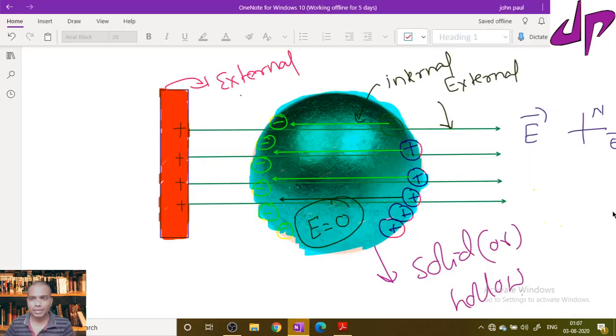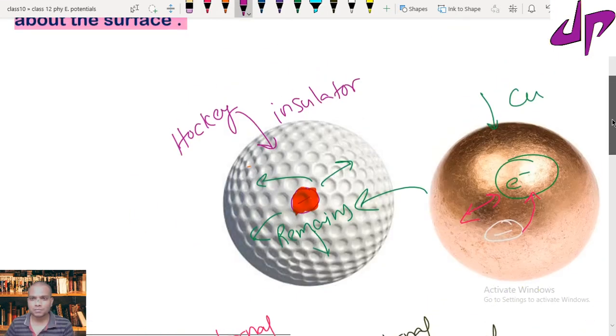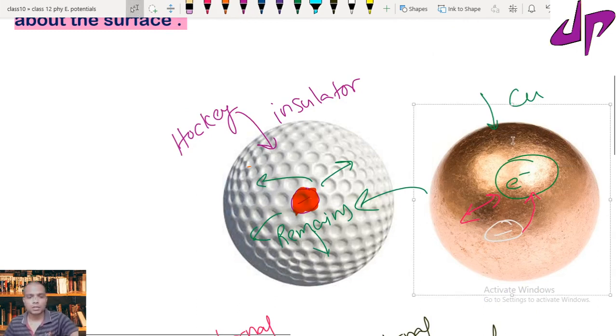Now if you take a conductor, the same charged conductor.